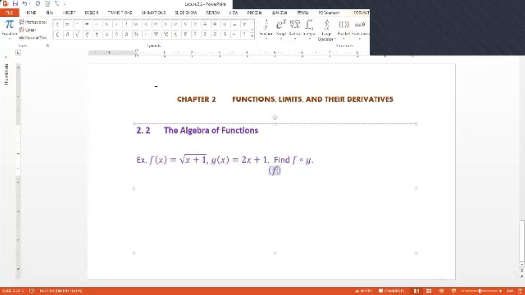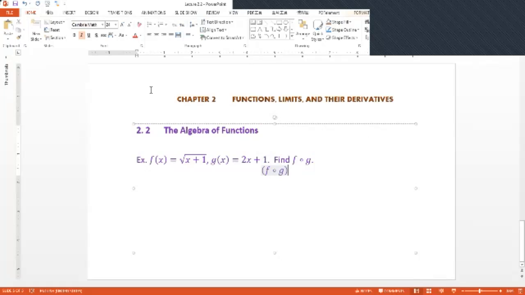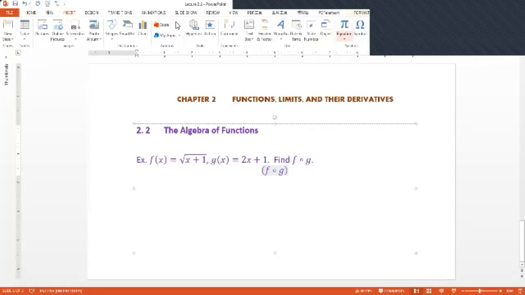Okay, so let me just copy here. So f compose g of x. Okay. What is it?